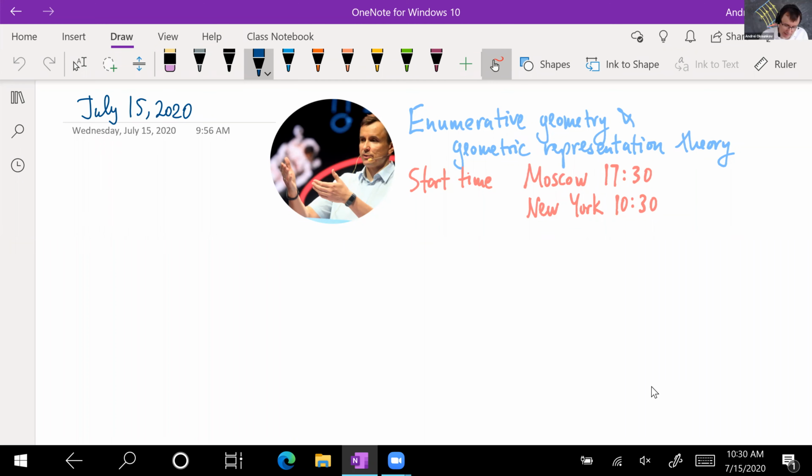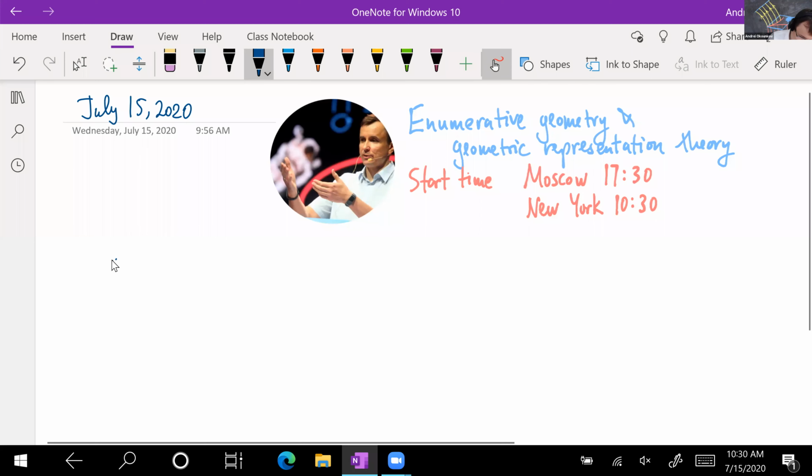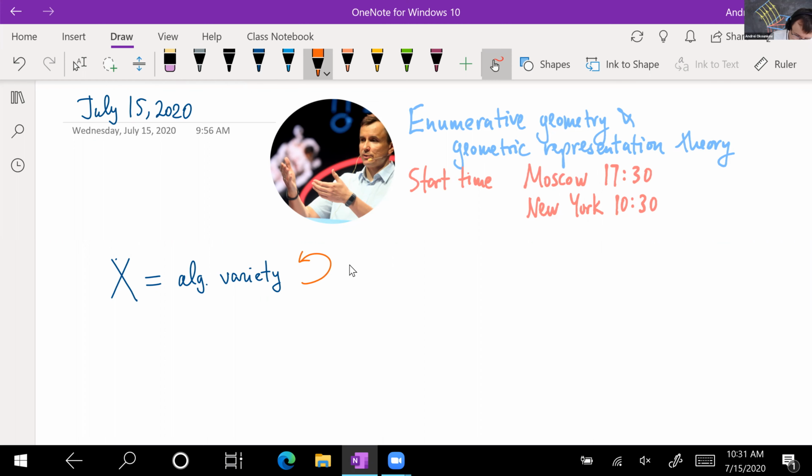The setup: we had some algebraic variety X with an action of a torus.